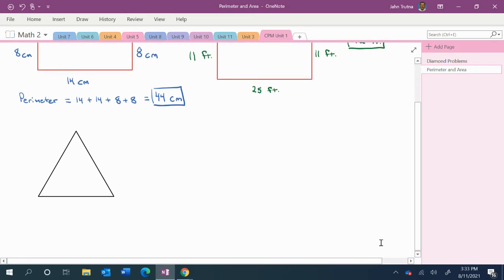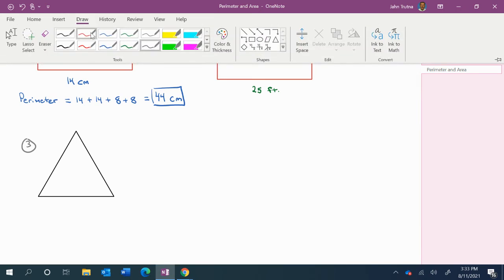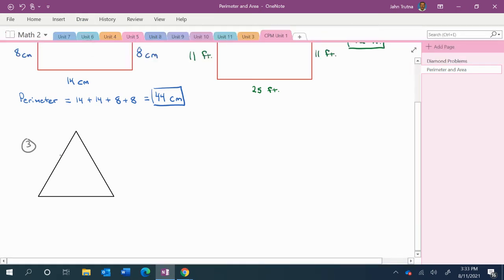There we go. All right, so number three, we're still going to find the perimeter of this triangle right here, but I'm going to give you what may seem like weird information. Along the left side, I'm going to put what I call a tick mark. Along the right side, I'm going to put a tick mark, and notice that there is one tick mark along the left side and one tick mark along the right side.